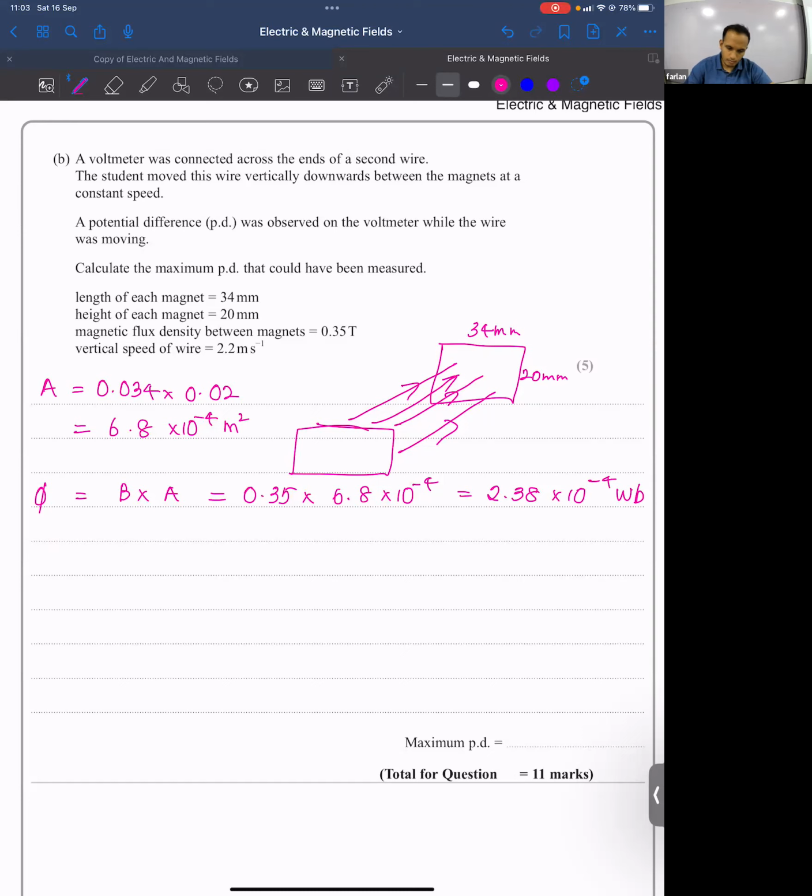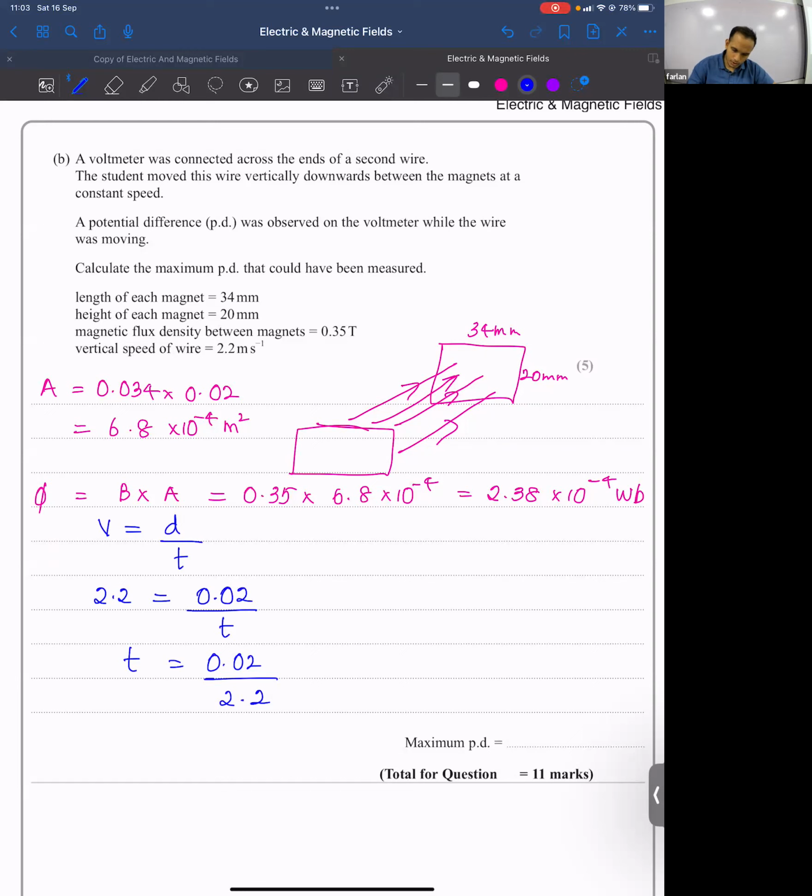Okay. And now this is moving at a speed of what? 2.2 meters per second. So guys, look at this one. I will use speed equals distance over time. For this wire, speed is 2.2. Distance is 20 millimeters, which is 0.02, over time taken t. So the time taken for this wire to cross this will be 0.02 divided by 2.2.